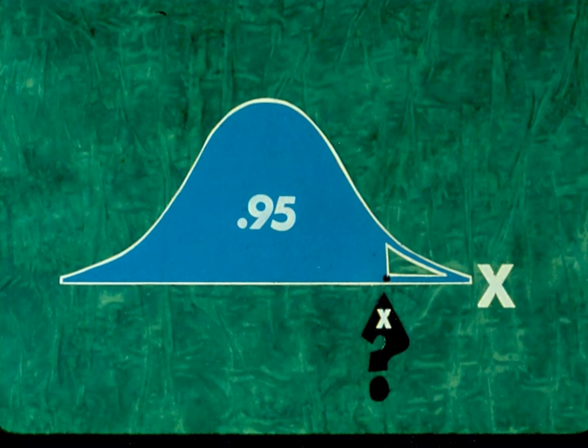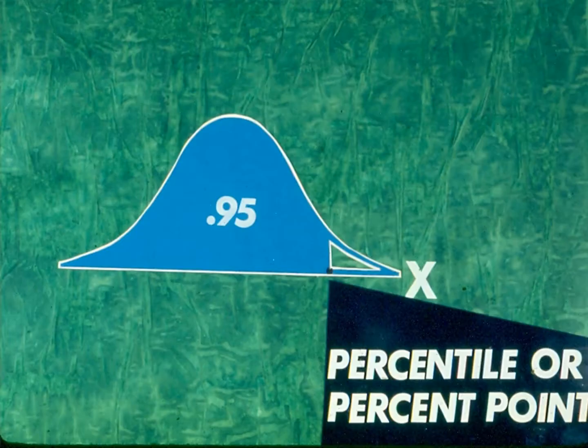This terminology may be somewhat confusing, so let's straighten things out. In this section, we seek a value of X called a percentile, or percent point, which describes a single point on the X-axis.